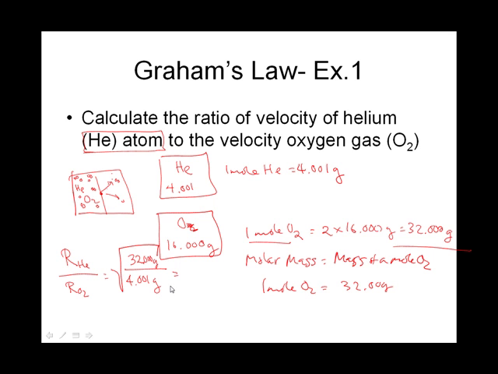So if I were to calculate that, I would get 2.828 as my answer. Grams cancel out. This is a unitless number. In other words, He is 2.828 times faster than O2 when diffusing.